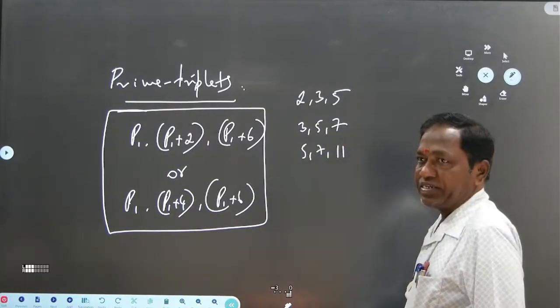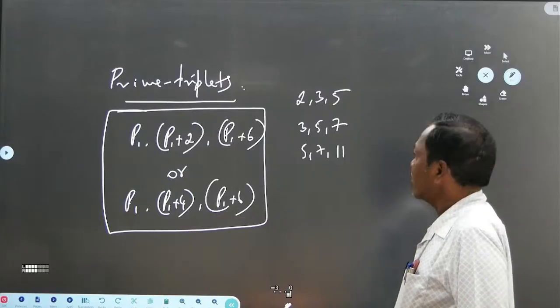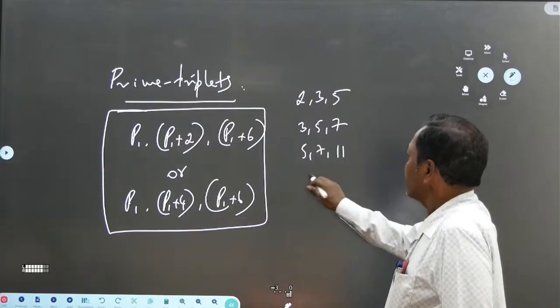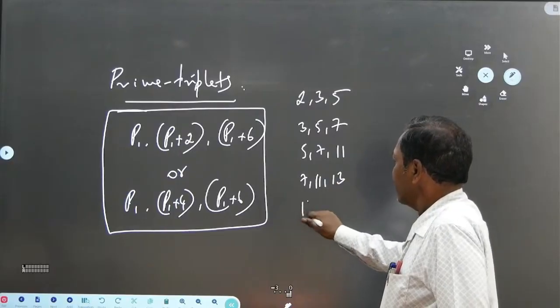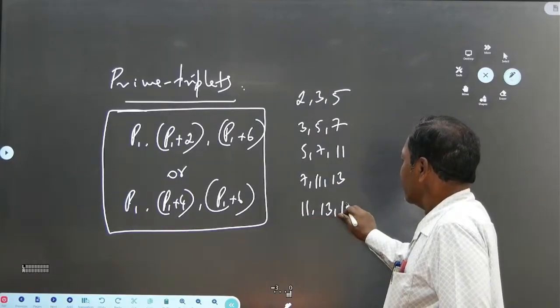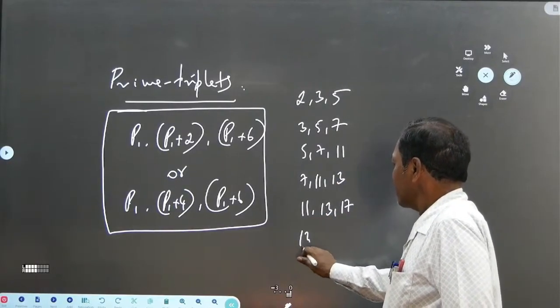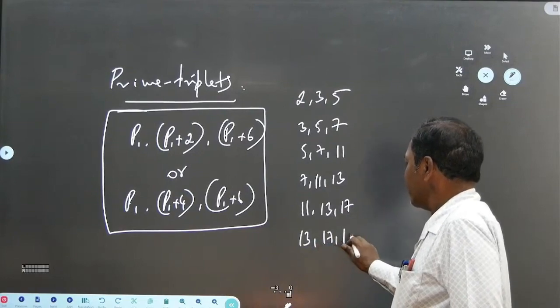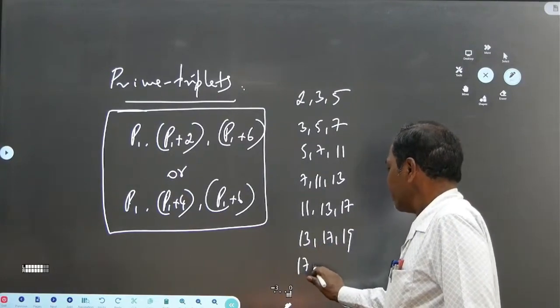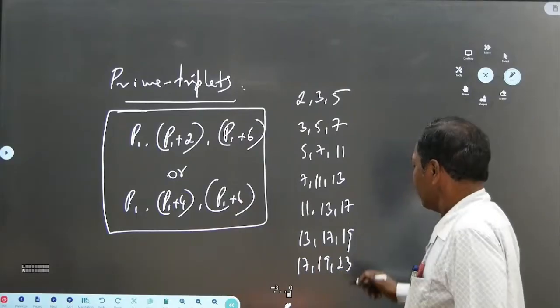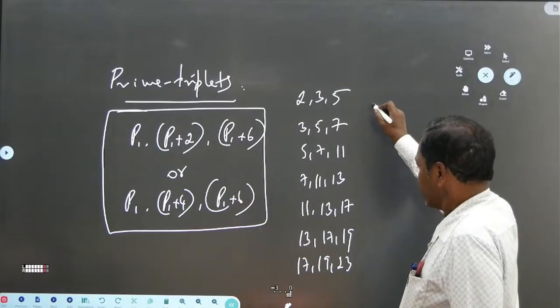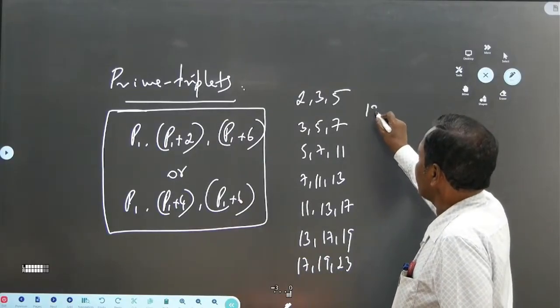First we will write the triplets, consecutive 3 numbers. Next, start with 7: 7, 11, 13, then 11, 13, 17, and 13, 17, 19, then 17, 19, 23.